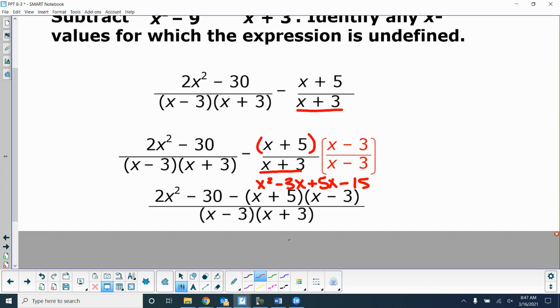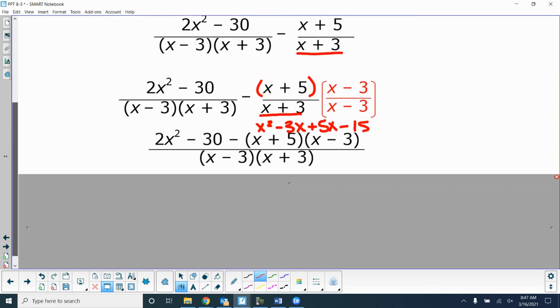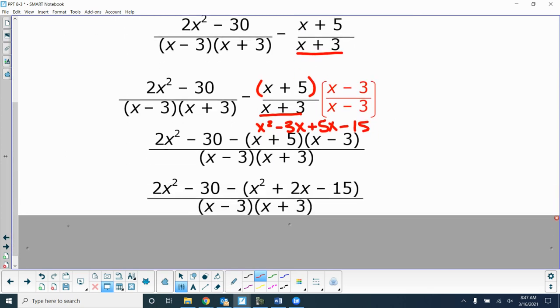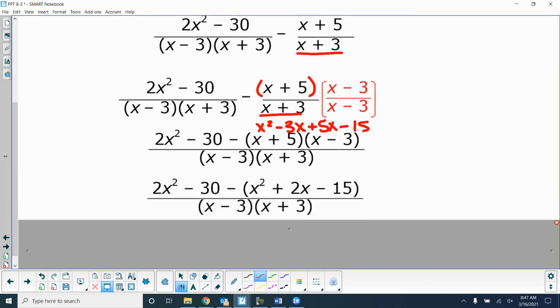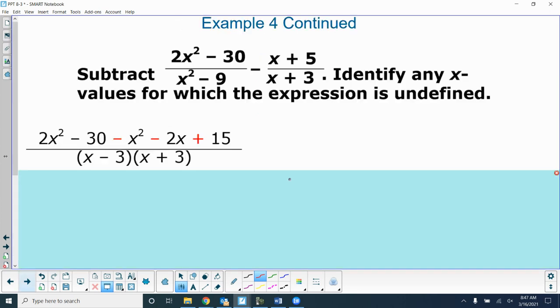Minus the negative 15 is plus 15, right? So they did simplify. That minus sign makes a minus x squared, a minus 2x, and a plus 15. And that's what's on the next slide: minus x squared minus 2x plus 15.